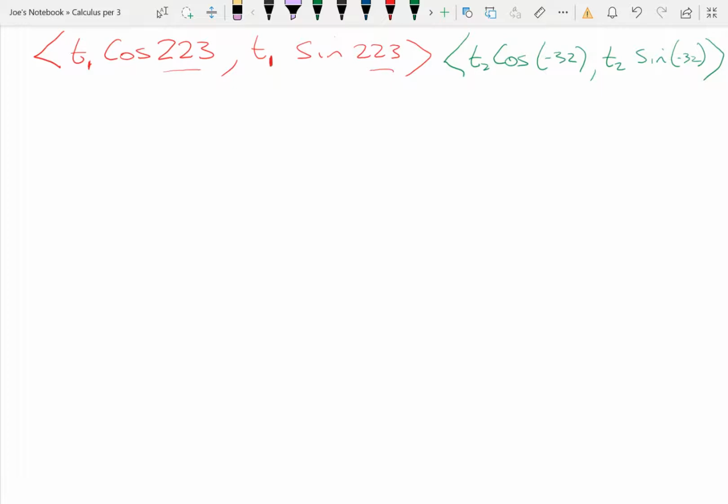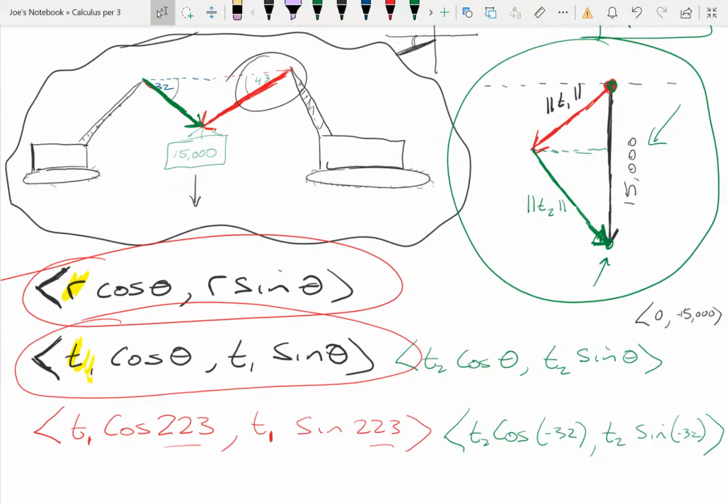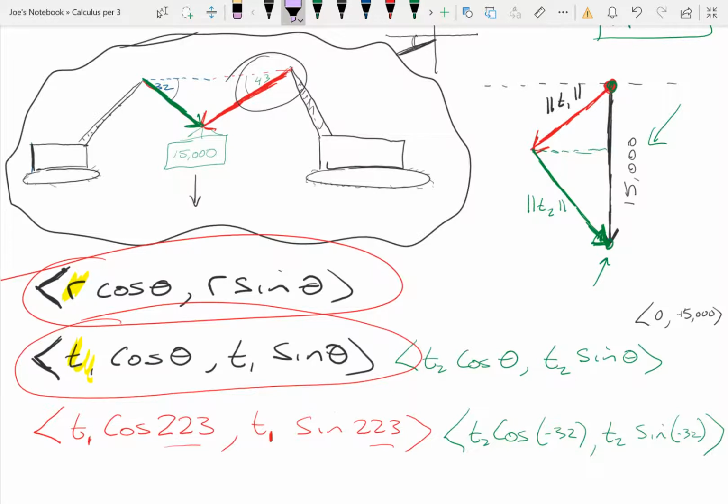And I forgot to tell you a huge part. We've got to go back to the other screen very quickly. If those vectors are going to end up there, the resultant vector, the purple right there, has a component of 0, negative 15,000.